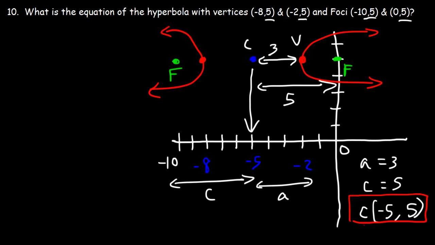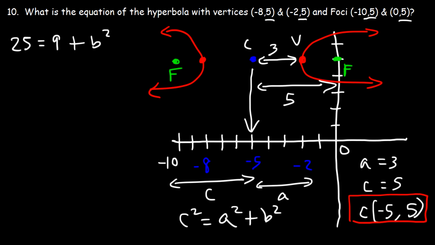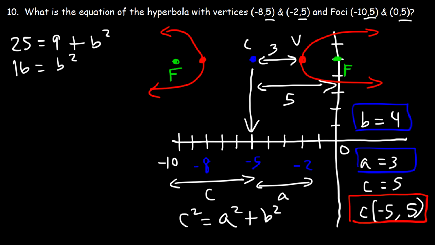All we need to find is b. For a hyperbola, c is larger than a, so c squared is a squared plus b squared. c is 5, so c squared is 25. a is 3, so a squared is 9. So b squared is 25 minus 9, which is 16, and b is the square root of 16, so b is 4. So we have a, we have b, and we have the center.